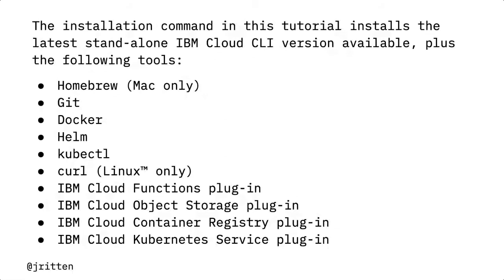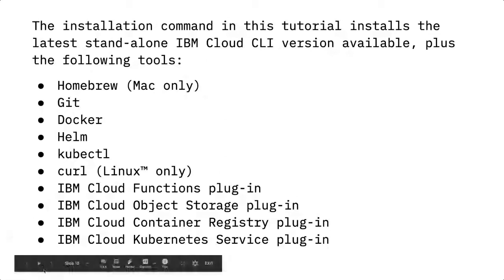And then it's also going to install our IBM Cloud Functions plugin, our IBM Cloud Object Storage plugin, the IBM Cloud Container Registry plugin, and the IBM Cloud Kubernetes Service plugin, which is going to be very, very helpful a little later.